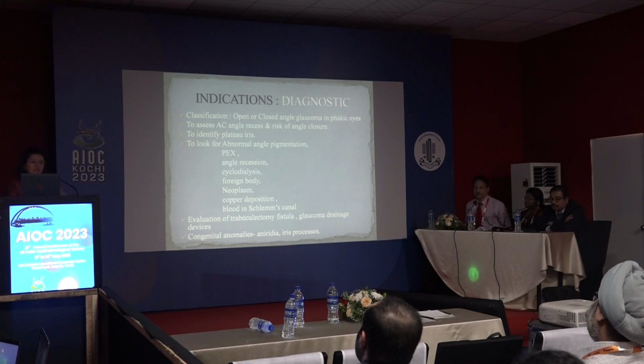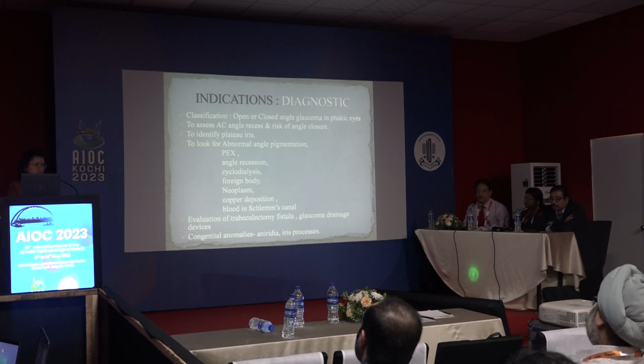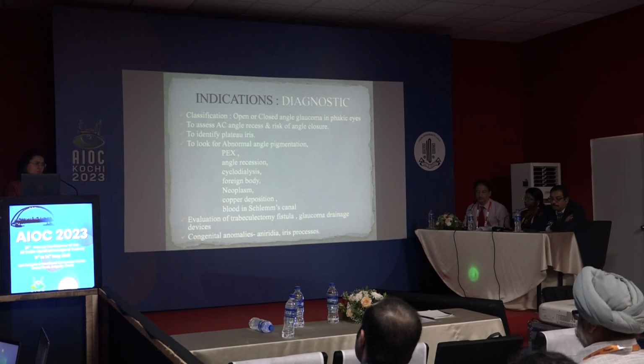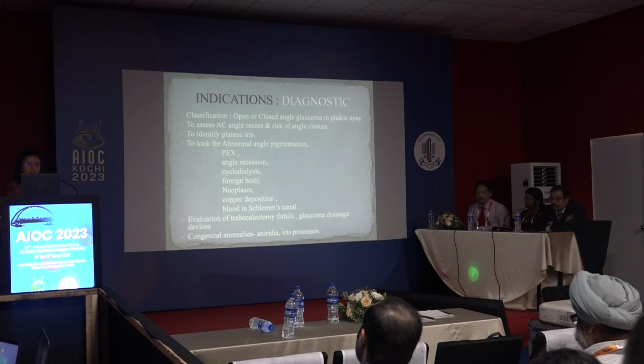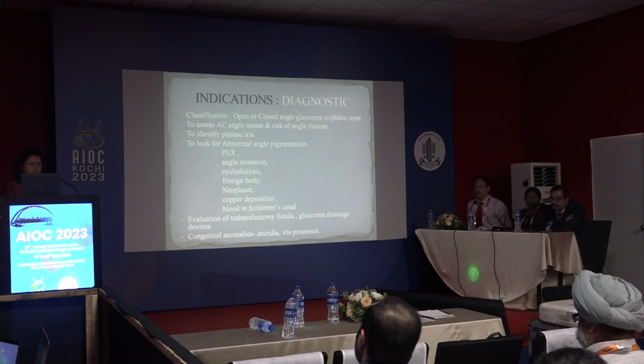Next, they'll always ask you what the indications of gonioscopy are. There are 2 things you have to remember: a diagnostic indication and a therapeutic indication. Diagnostically, the most important thing after doing gonioscopy is to know whether the angle is closed or open. Once it is closed, we want to classify whether it's a PACS, suspect, or PAC, or PACG, to identify plateau iris, and to identify secondary causes of abnormal angle pigmentation, pseudoexfoliation, and angle recession.